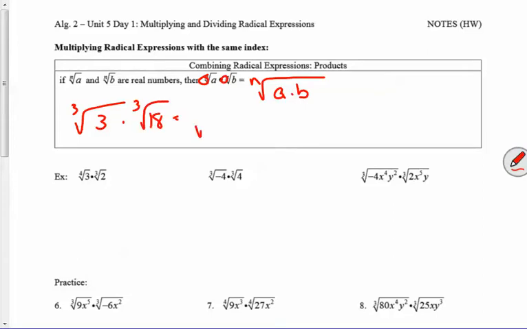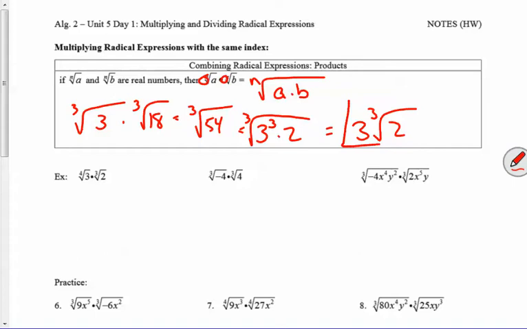Well, that gives me the cube root of 54, which is just 3 to the 3rd power times 2. So the 3rd root of 3 to the 3rd power times 2 gives me 3 times the 3rd root of 2.